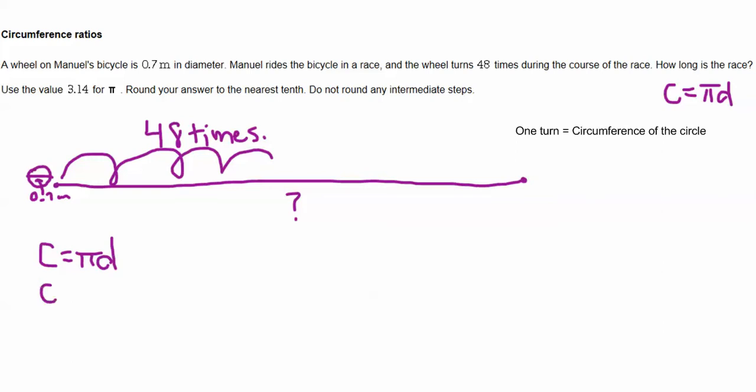C equals pi times d. 3.14 for pi, and they told us the diameter is 0.7. So using your calculator, 3.14 times 0.7 is 2.198.